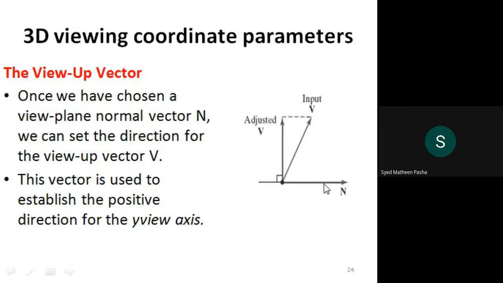The direction is found with the help of the view up vector. Or I can call it the view distance as well, with the help of which you set a direction so that you can perform viewing very efficiently.